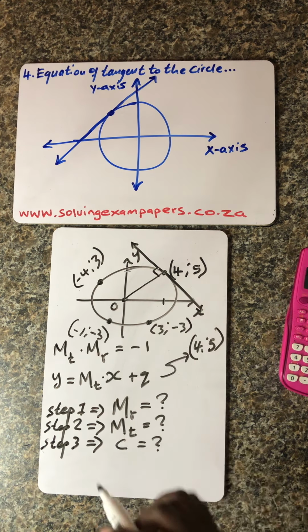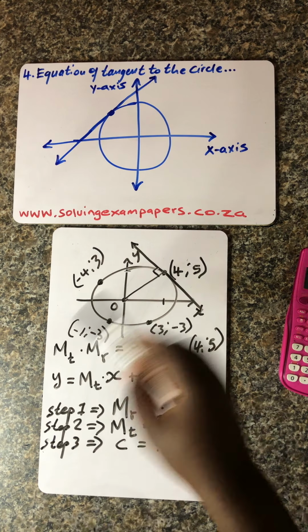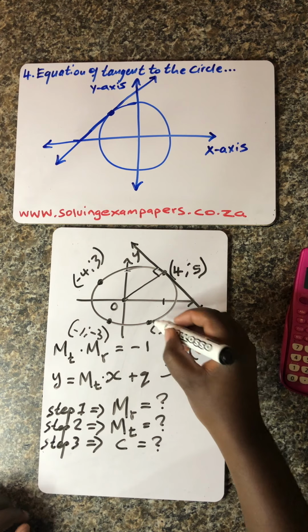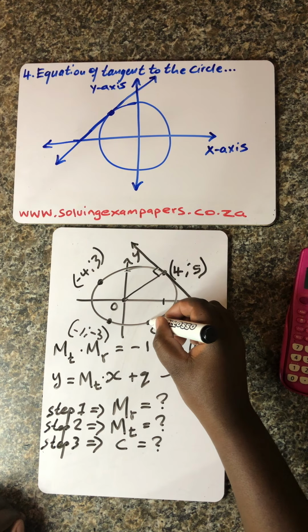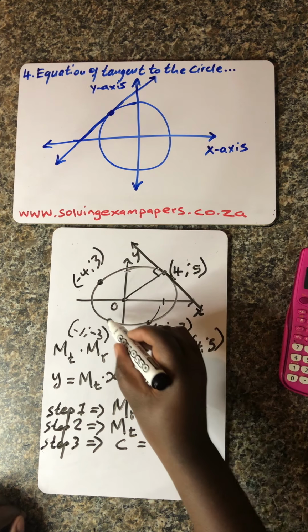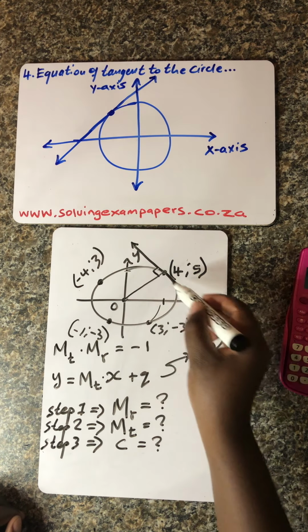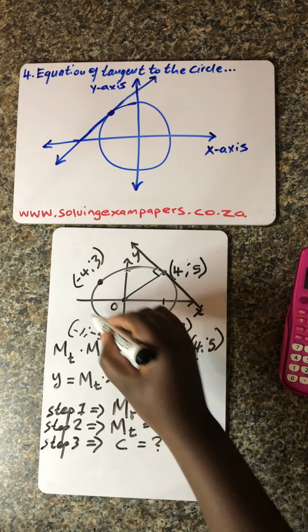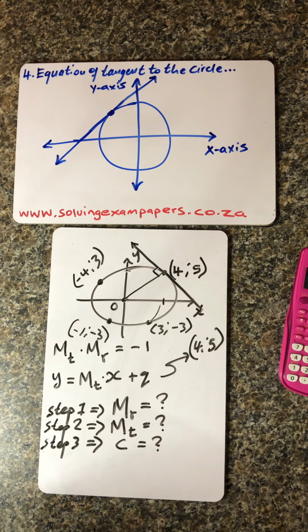Remember guys, this is just a hand drawing, it's not drawn to scale. Otherwise, just consider this as multiple circles where you have a circle passing through that point, another circle passing through that point, and another circle passing through that point, and I've just explained for a circle passing through that point. So you need to determine the tangent to those points.